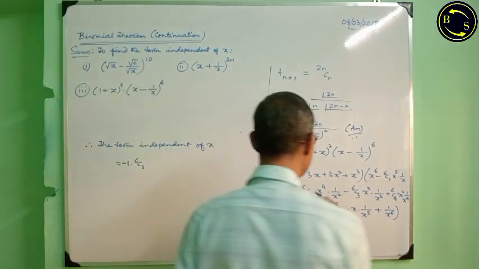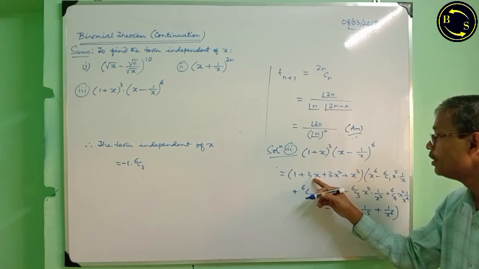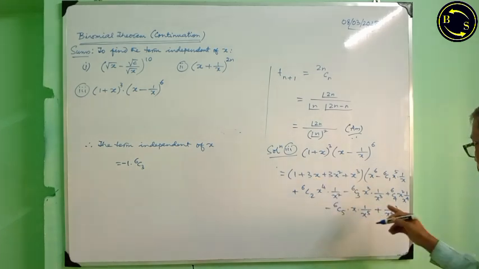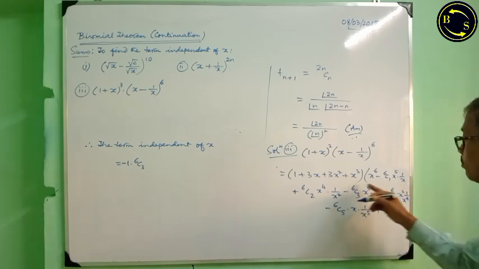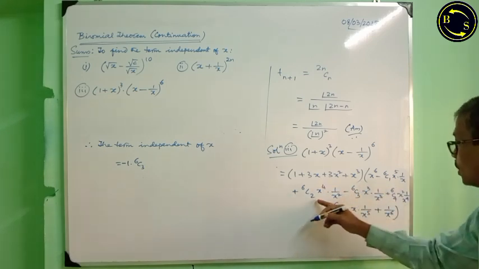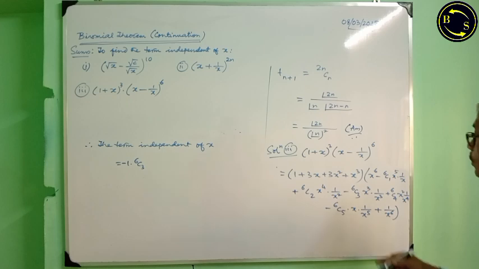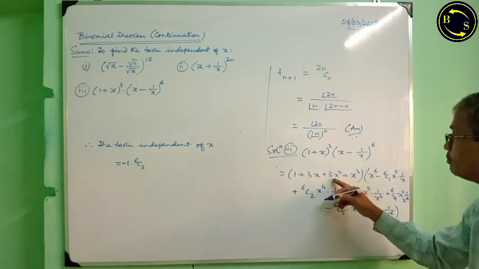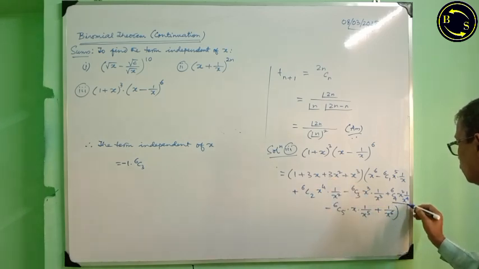Then we consider this term 3x, that is to be multiplied with the 1 by x term. Now we see which term is giving the 1 by x term. There is no such term, you see. Therefore, next we consider the 3x square term, that is to be multiplied with the 1 by x square term, and that is this one.